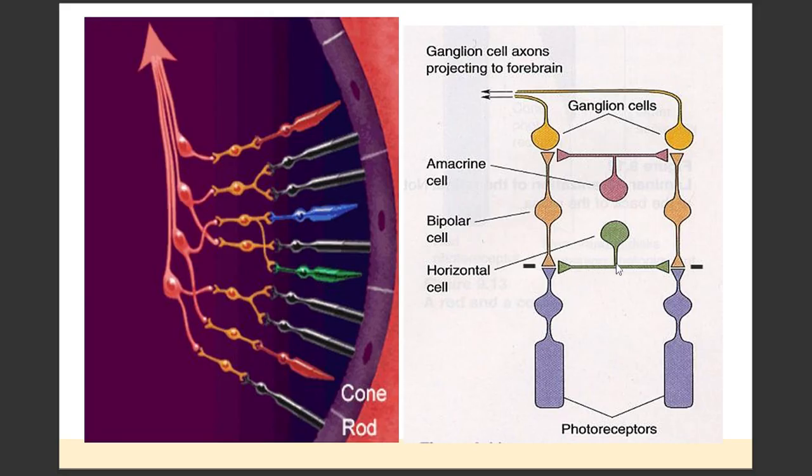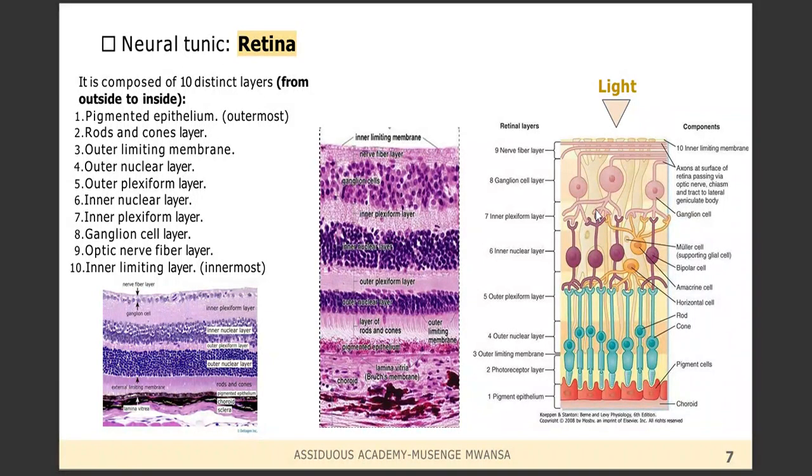So take note of that. The Mueller cells are just supportive cells, but connecting the bipolars and the ganglion cells, you have amacrine cells. And those which connect the photoreceptors down to the bipolars are the horizontal cells.